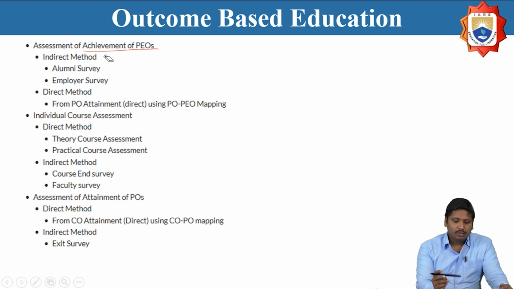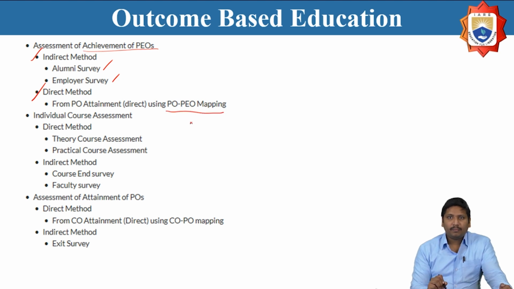Okay, so alumni survey and employer survey. And for the direct method, we have attainment using PO and PEO mapping. That should be the direct one, and the indirect should be the alumni or employer survey.